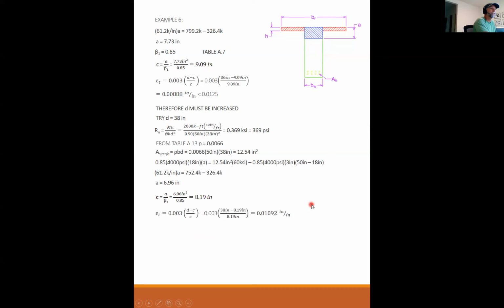So we're going in the right direction. This is closer than 0.00888 was, but not quite close enough. So I try 40 inches. Starting to see where my comment about plugging this into Excel might be a time saver on these.